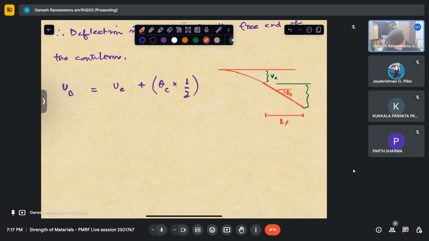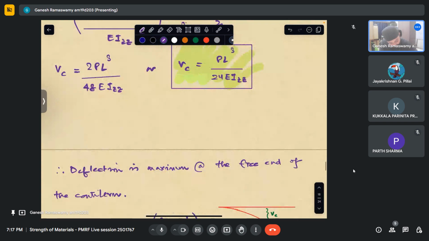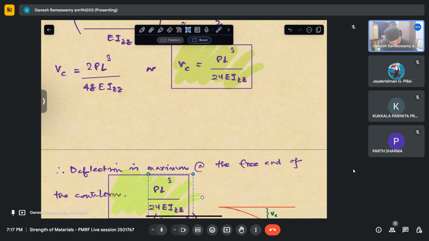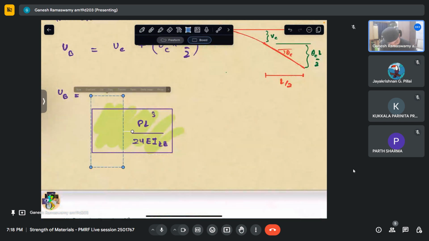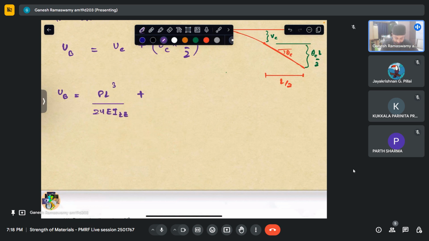So therefore this is theta C into L by 2, which comes out to be this quantity, plus we have already found out what the slope is.